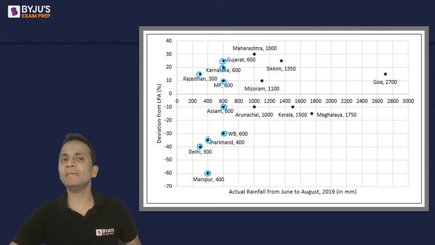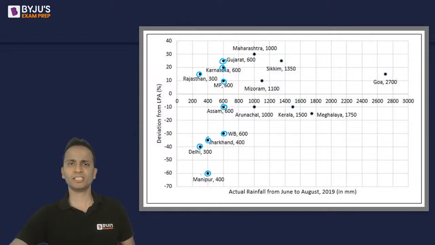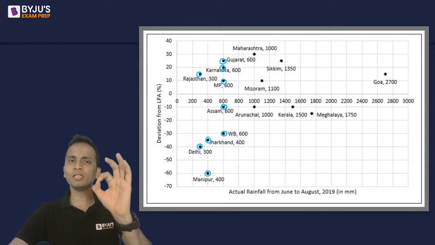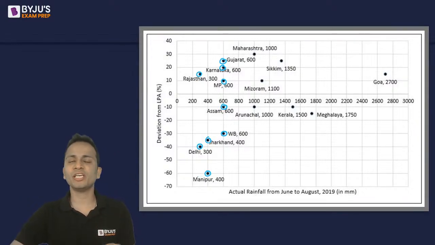I want to find out the median of these 9 states, right? Now the median is the middle term when all these values are arranged in increasing or decreasing order. Now we have 9 values, so the middle term will be the 5th term. So I will remove 4 terms from the top and 4 terms from the bottom.